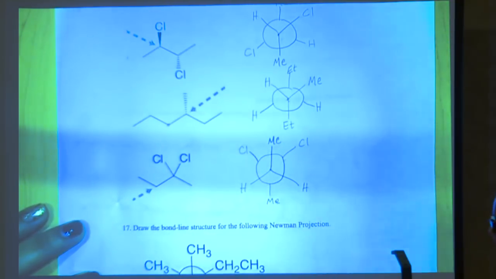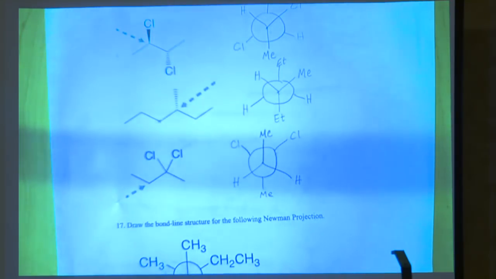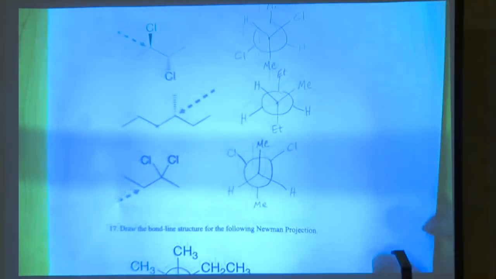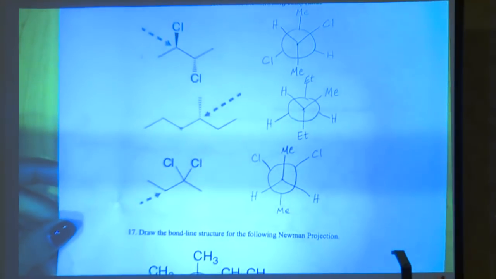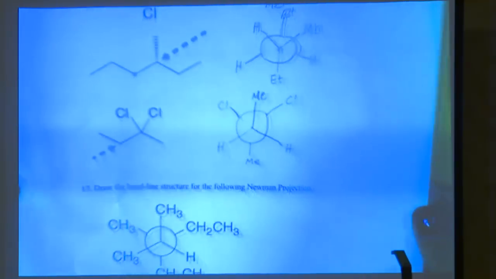Good. Do you guys feel like you can do Newman projections pretty easily? No? I heard some no's. You got it. With practice, these will look much easier to you.